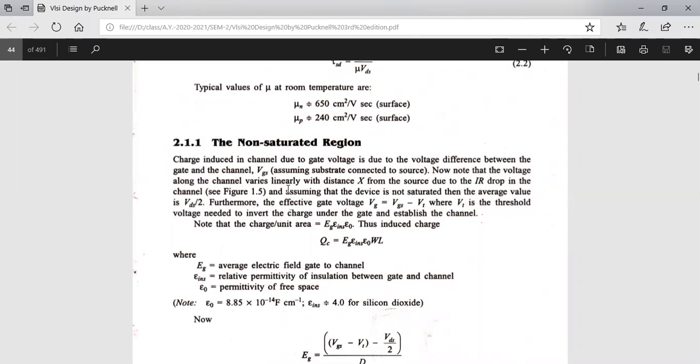In the saturated region, even though we increase the input voltage heavily, there will be very little change in the output. That is called the saturated region.